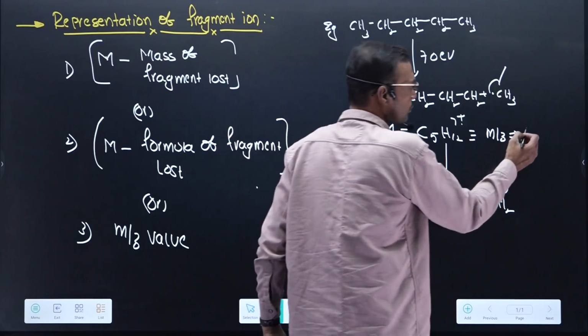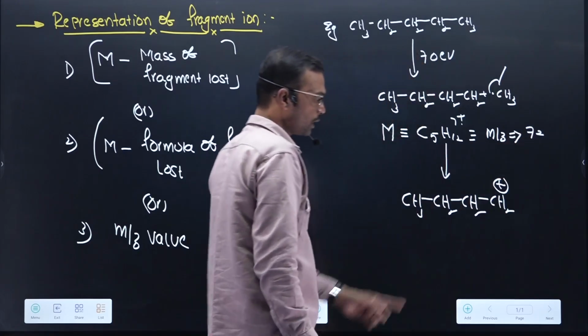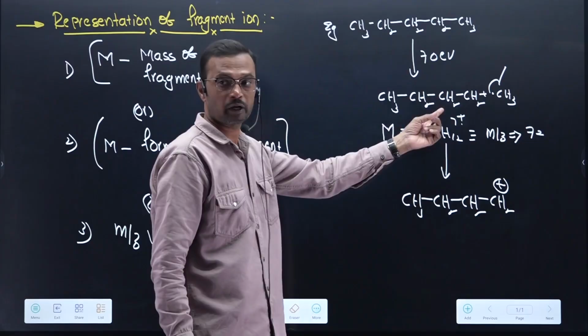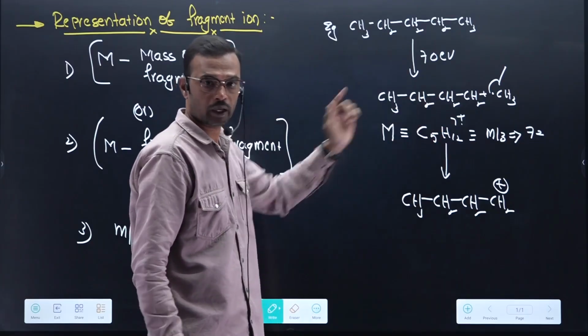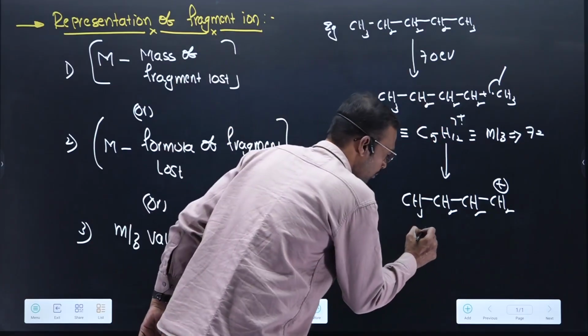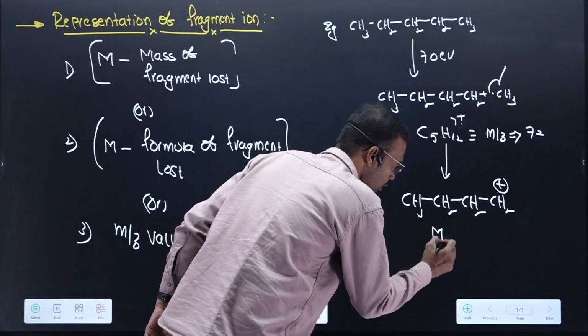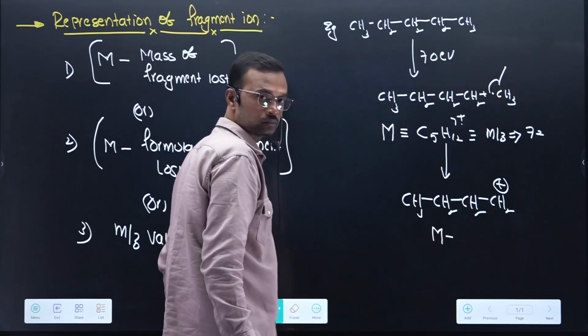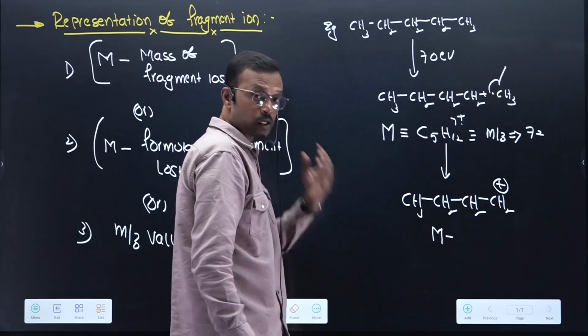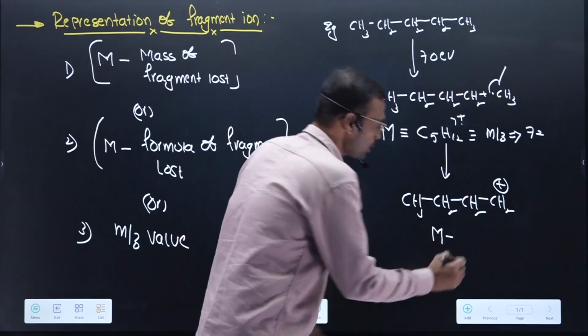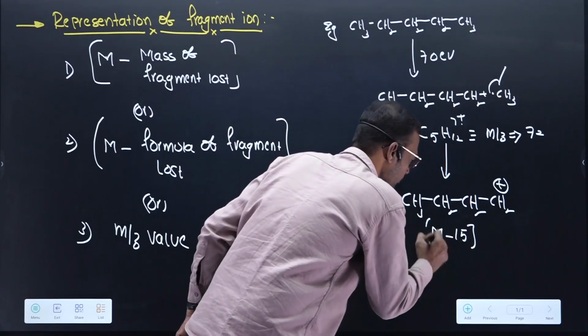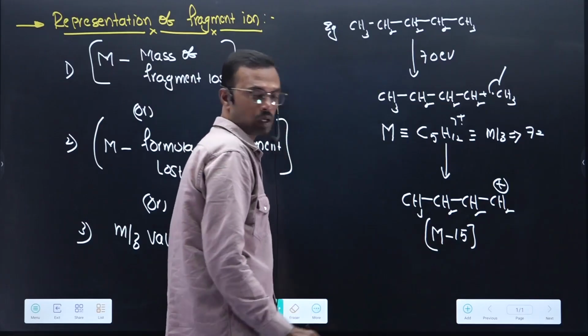Here the M by Z value is 72. This is a fragment ion of this parent, or not? Now see, from the original molecule, how much mass did I remove? 15, or not? M minus 15. Like that we should write.